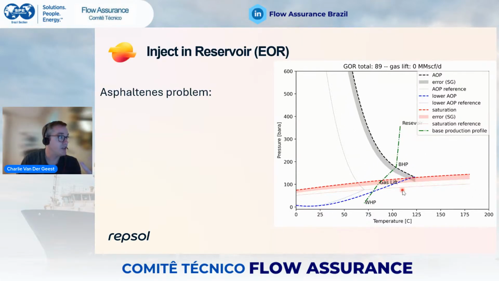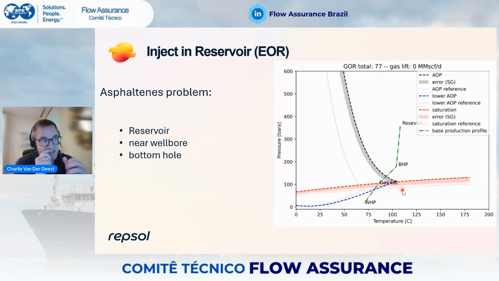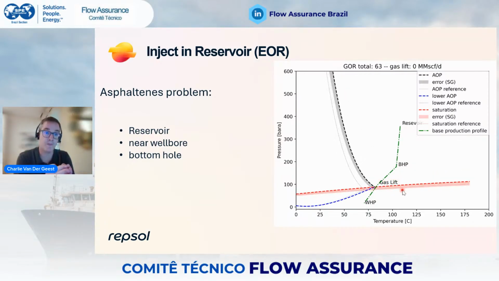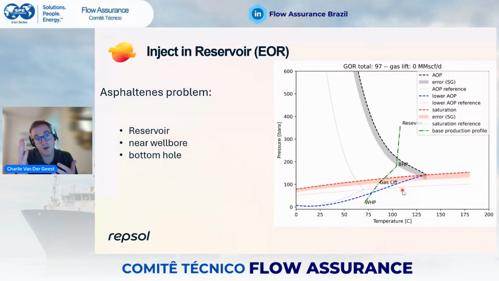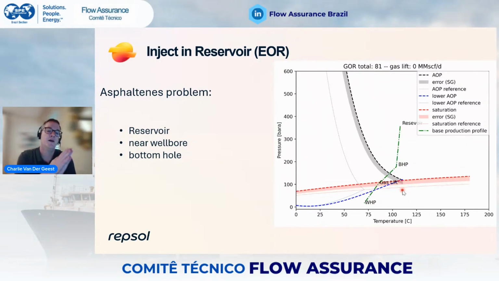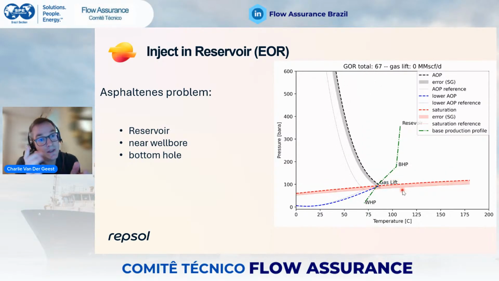So what happens when you inject in EOR? It's the same kind of problem, but more complicated, because this is based on molar concentration. If you inject in the reservoir or in the well, it's not really relevant for the phase envelope, but it is relevant where the problem can occur.